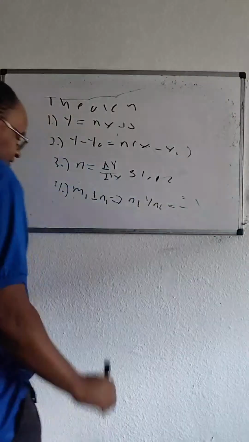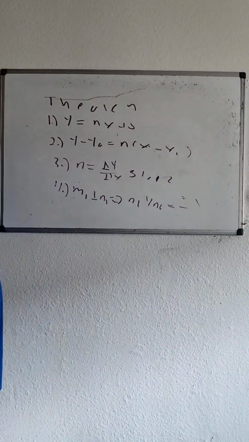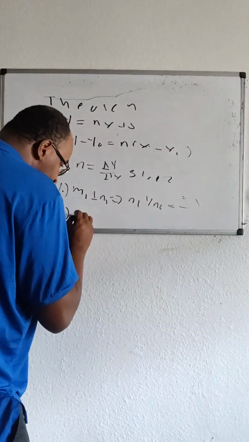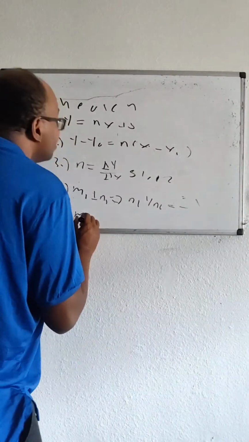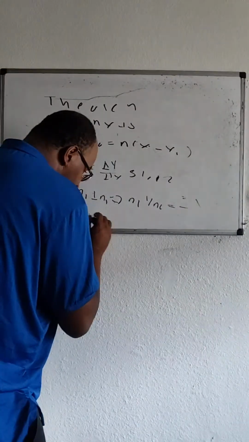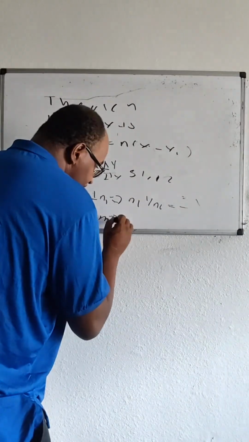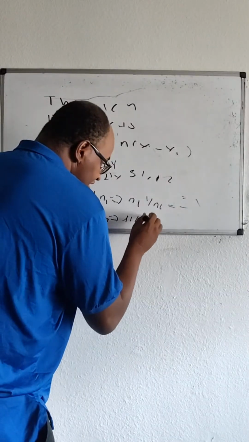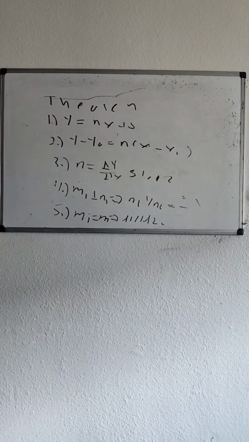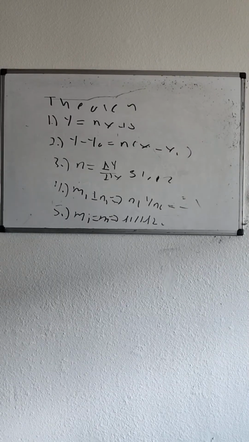Talk about that. And we also did something about parallel, right? 5. M1 equals M2 implies the fact L1 is parallel to L2. Very important stuff, guys. Very important. I want you guys to memorize that.